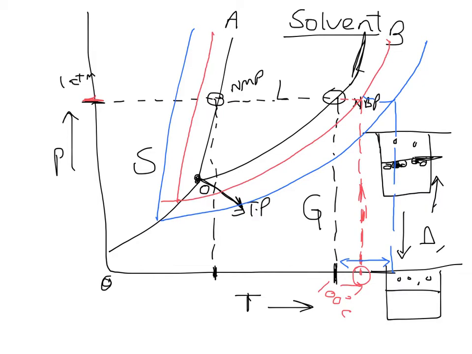Let's take a quick look at how the melting point differs. Notice while boiling point elevates, the melting point is the curve OA. As we have increased the amount of non-volatile solute, the freezing point depresses further down. So it moves to the left-hand side, and hence we say that it shows a decrease in, or a depression in, the melting point.